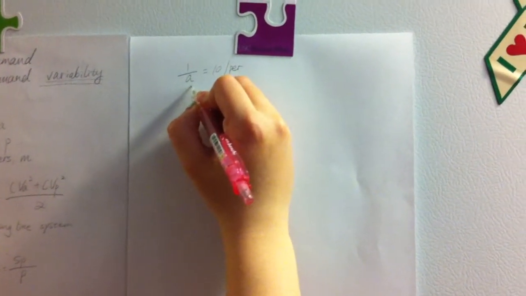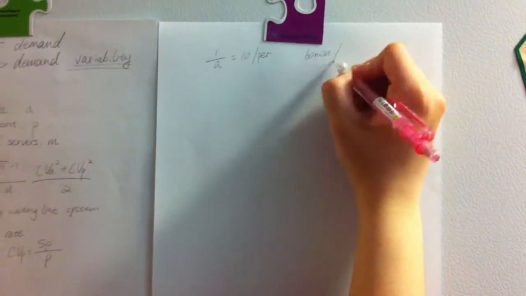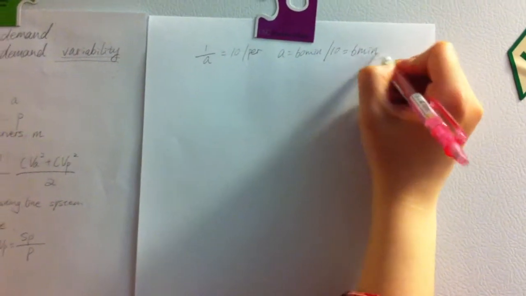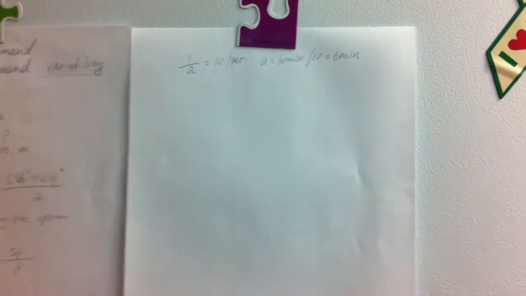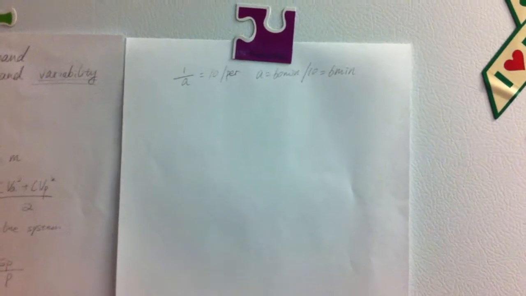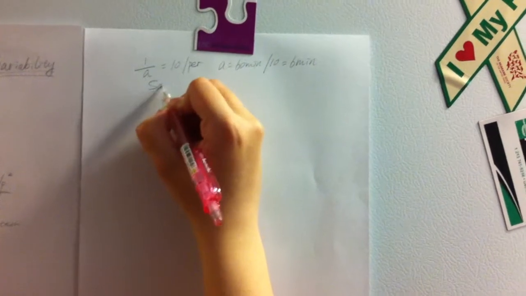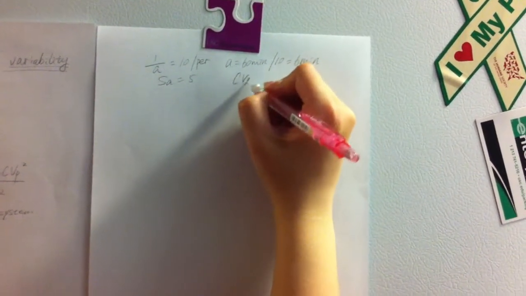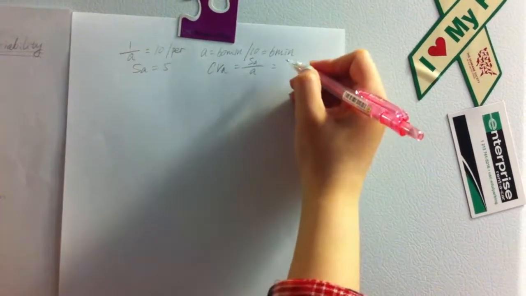So A basically is 60 minutes divided by 10 equals 6 minutes. The average inter-arrival time is 6 minutes. Now, the standard deviation of inter-arrival time SA is 5 minutes. So from that, you can tell the CVA is SA divided by A, which gives you 5 over 6.